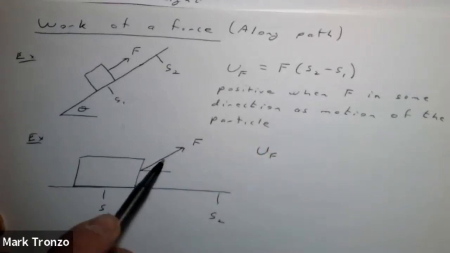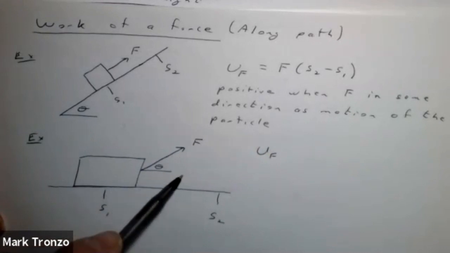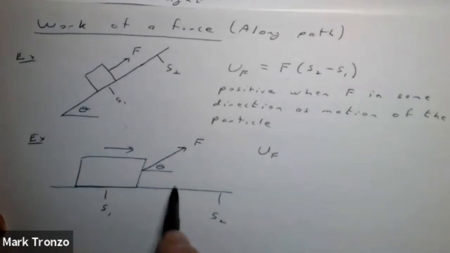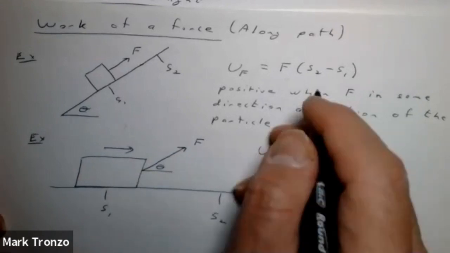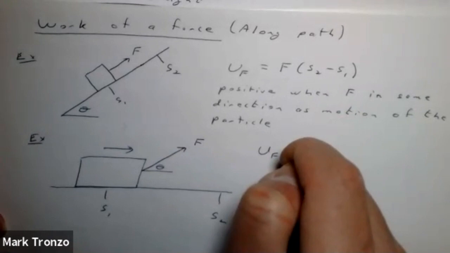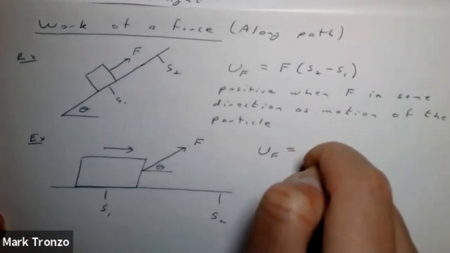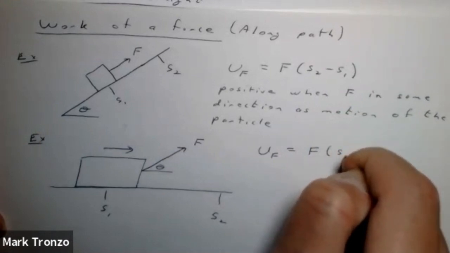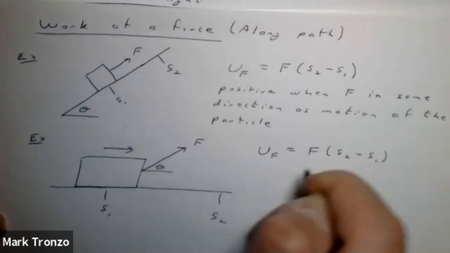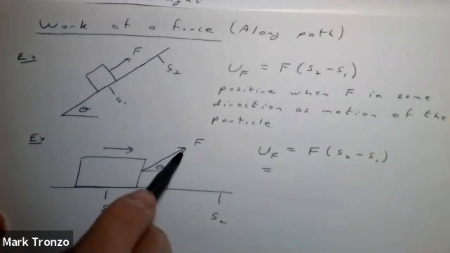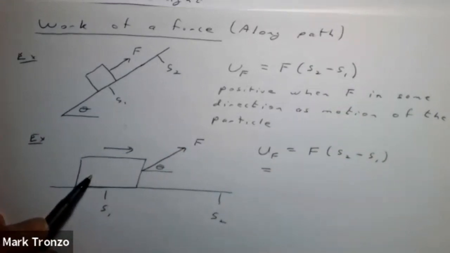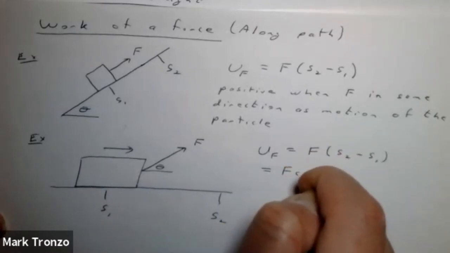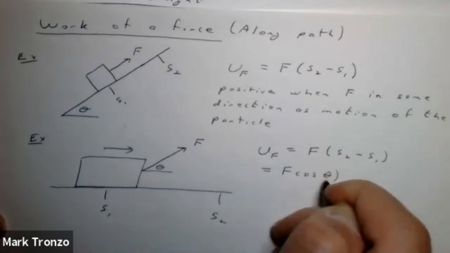The only difference here is the force is directed this way, and let's say this block is moving in this direction. So then we have to just find the horizontal component of the force here. So once again, it's going to be the force times the distance, so it's going to be S2 minus S1. Though in this case, since this is moving horizontally, we have to change F to get its horizontal component. This is cos like this.